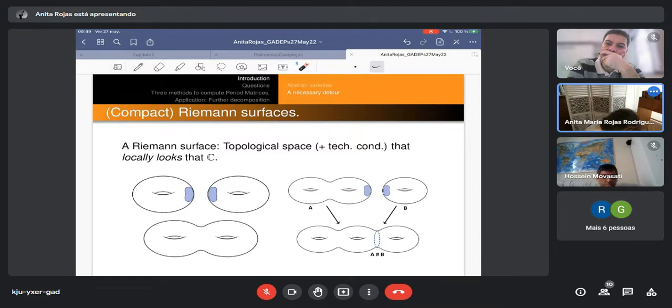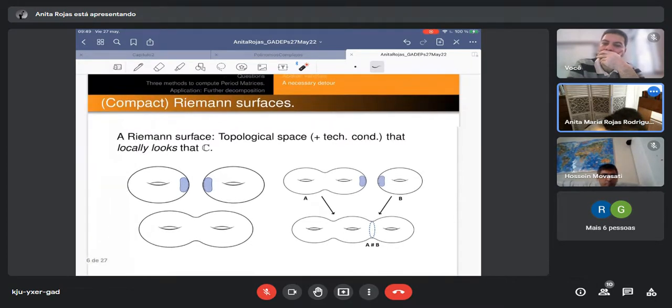Briefly said, it's a topological space, a nice one, Hausdorff. We are going to be working with compact ones that locally look like C. Okay, so it has an atlas that goes to C, but topologically it looks like a connected sum of one-dimensional complex tori.